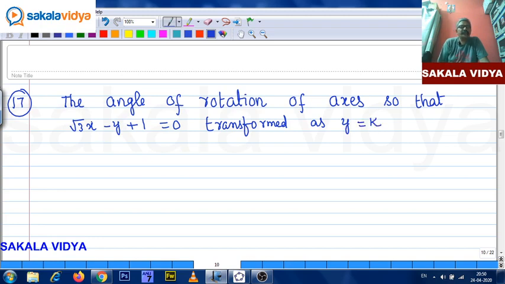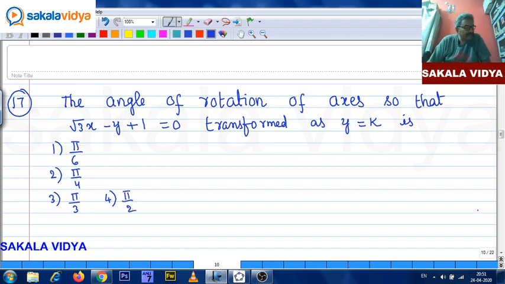That means here the x term has been eliminated. First option is pi by 6, second option is pi by 4, third option is pi by 3, fourth option is pi by 2.